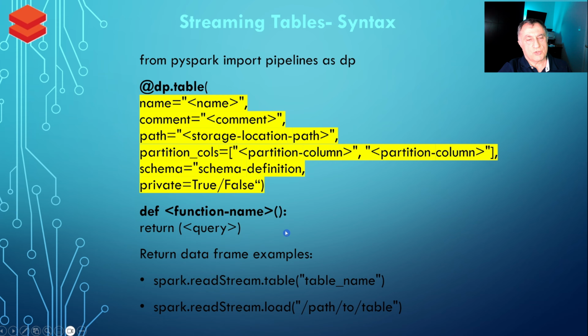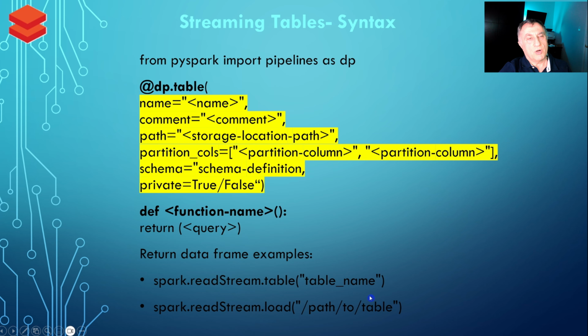The Python function should return a data frame, and this data frame can use some of the streaming methods like readStream. For those folks who are familiar with Spark structured streaming, will recognize this command. This is one of the key read APIs for streaming data frames. You can use readStream to read from a Delta Lake table and other streaming tables using this syntax, or you can use it to load from some data sources like storage, Event Hub, or Kafka.